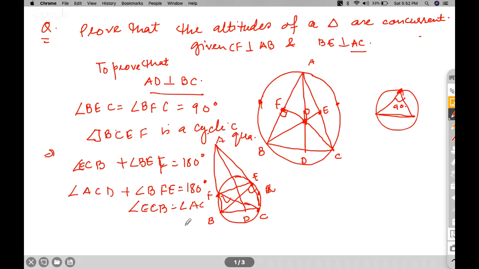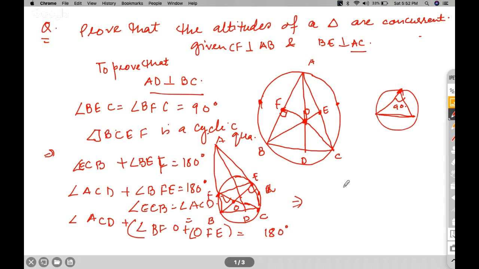This is A. So to solve this, I write angle ACD, and BFE can be written as angle BFO, which is here, plus angle OFE, which is equal to 180 degrees.